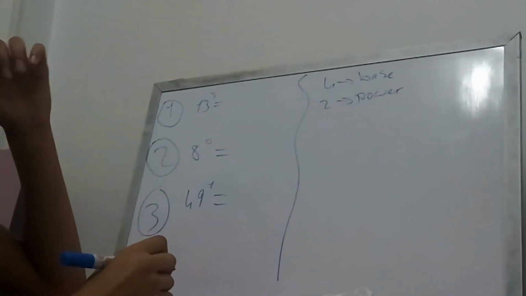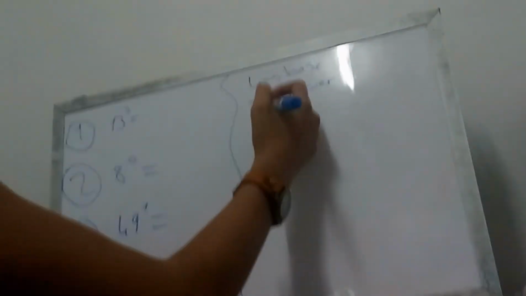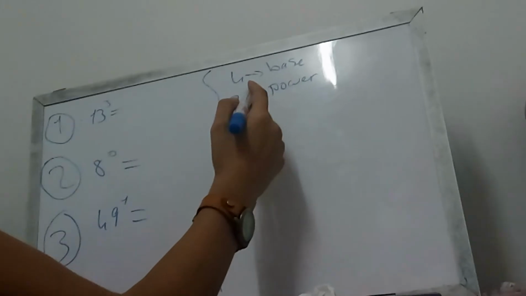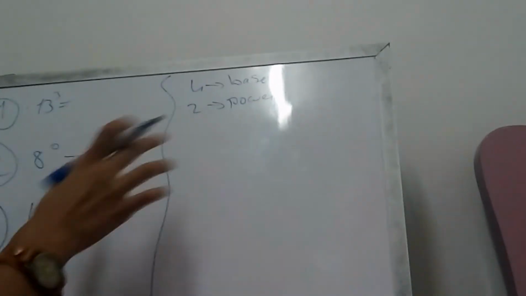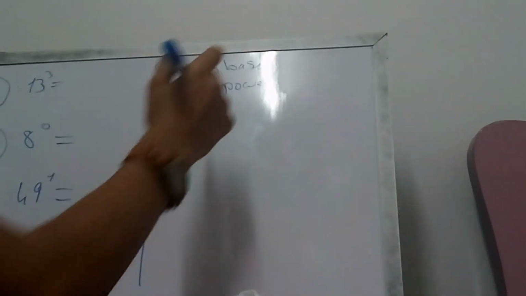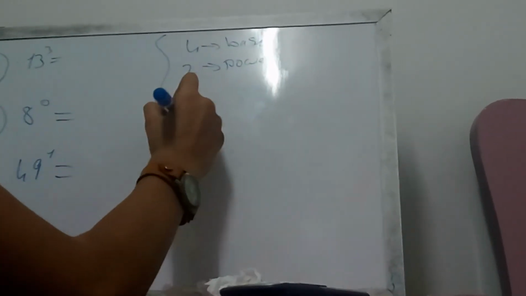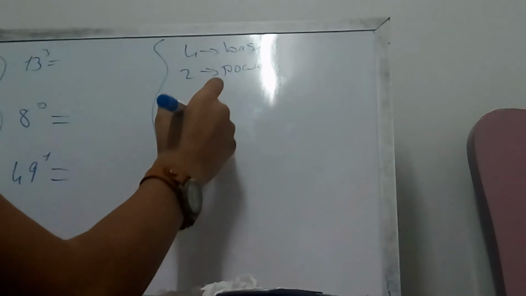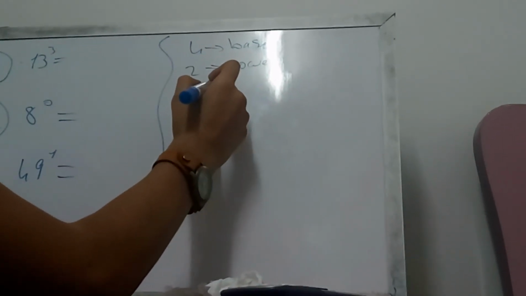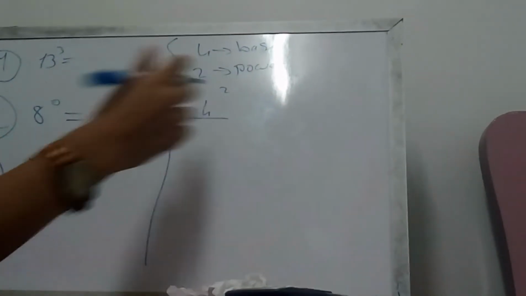In this case, the answer is not solving the exponent, but writing the exponent. 4 is the base, so it will be 4, and power 2, so it will be power 2. This will be the answer.